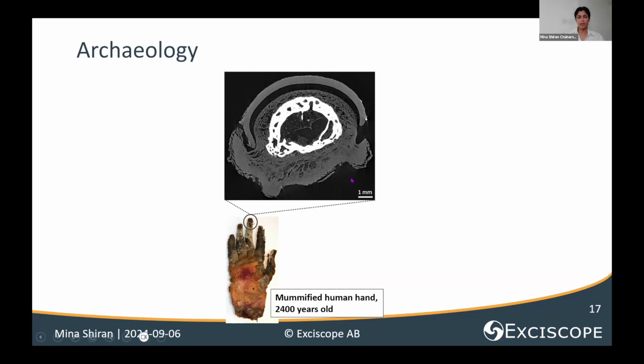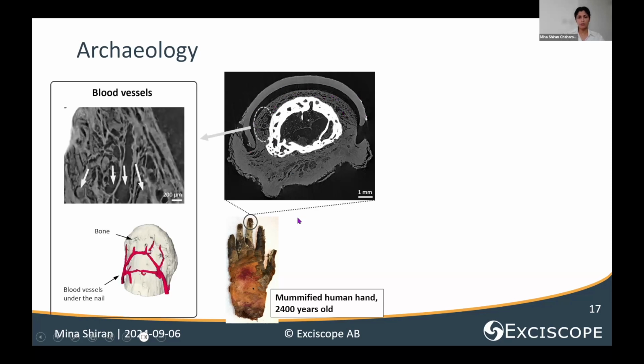In this specific example, when we scanned the tip of the finger using phase contrast imaging, we could see the bright area representing the bone, some soft tissues around it, and the nail on top. And there is air between the nail and the soft tissue. That is because the soft tissue is dehydrated during the process of mummifying.